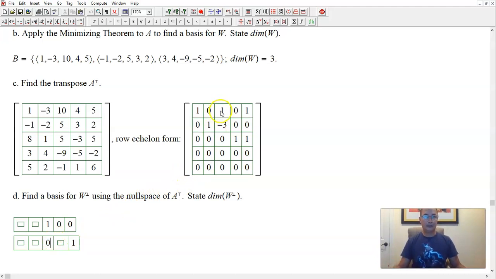Okay, so column 3, we have a 1 and a negative 3 that goes to the first vector as negative 1 and positive 3. Okay, column 5. This is why these blanks and the zeros are really important. We have 1, 0, 1.